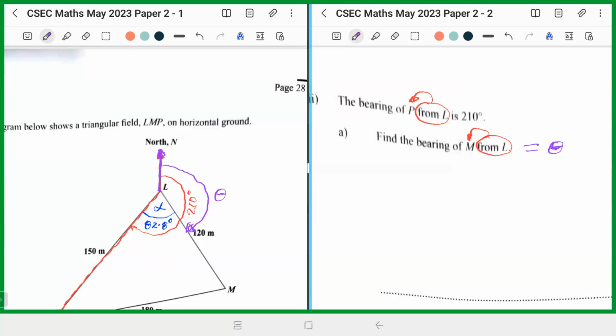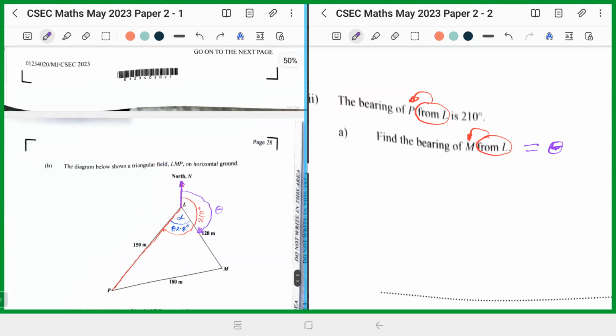Now, theta is clearly the difference between 210 and 82.8, because the angle all the way around here is 210, and in between here is 82.8. So clearly, theta is the difference between them. I can literally put it on the diagram right here as well.